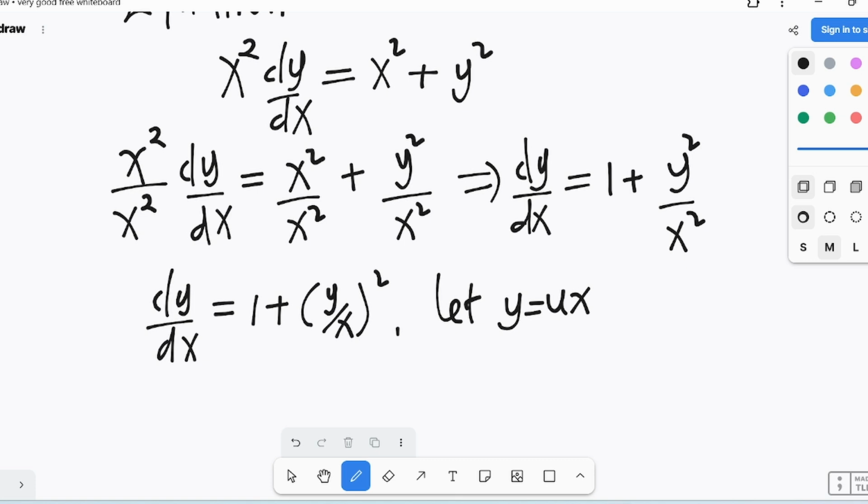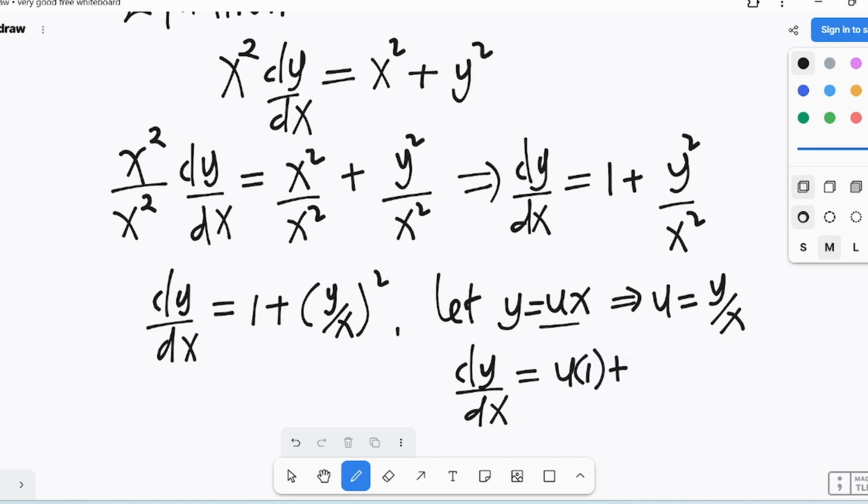This means that when you make u the subject, we shall have u is equal to y out of x. Now, continuing like that, we differentiate this y, and then we shall have dy by dx is equal to u into 1 plus x du dx.